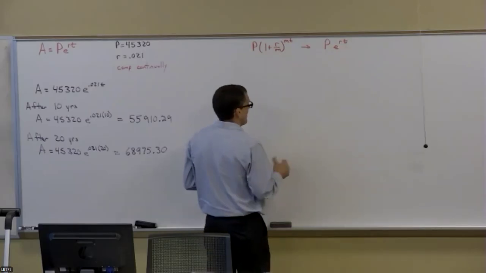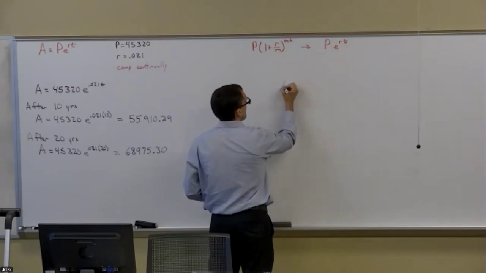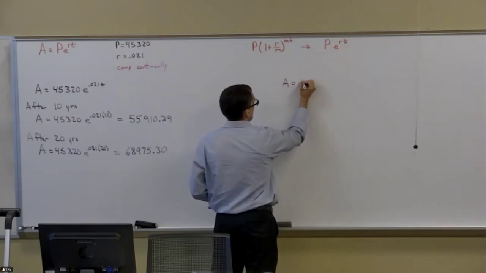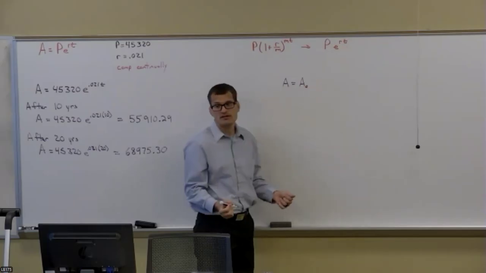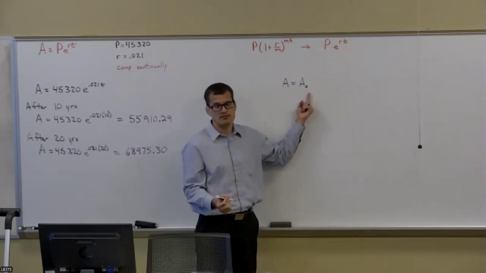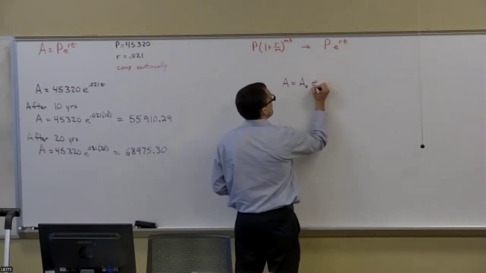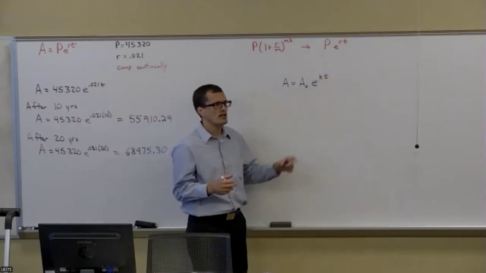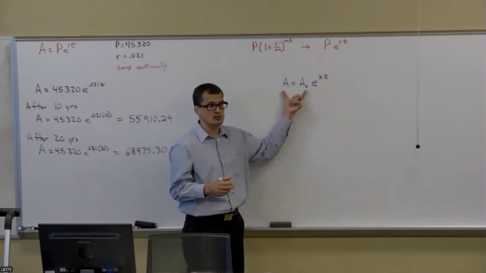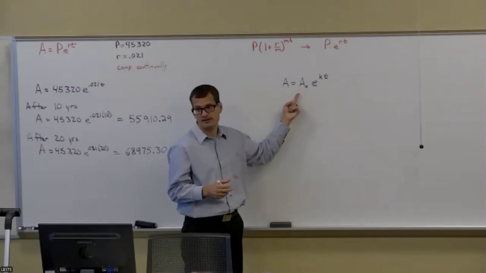But in other books, rather than using P, because P is often associated with principal, they'll use something like A sub 0. That's just the amount at time 0 instead of P. And they'll use a K for their rate of growth because that's a constant. So a lot of times you'll see stuff like this as well. This is just different letters for the same thing.